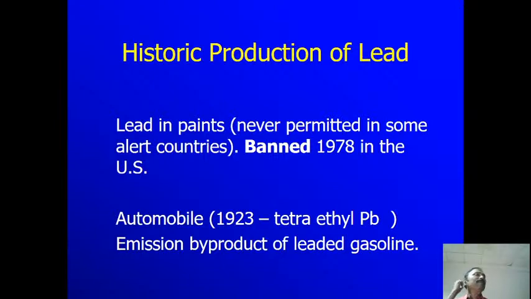The finish of paints was better when lead was added to it, and it also remained for a much longer period. But lead paints were creating a lot of problems, whether during the manufacture of lead paints or when they were used in houses and would flake and children would eat it, or painters who got involved.